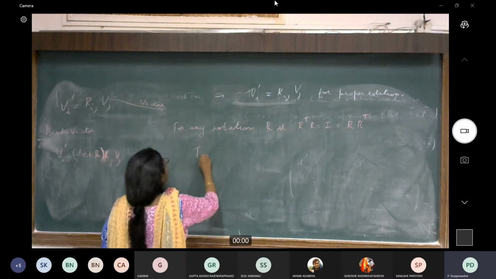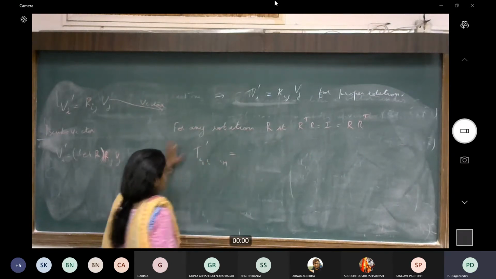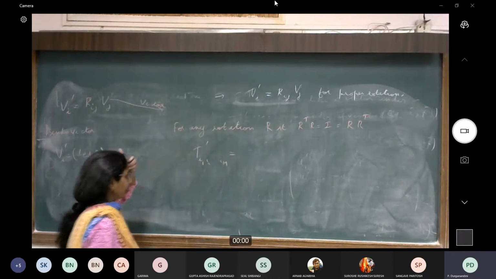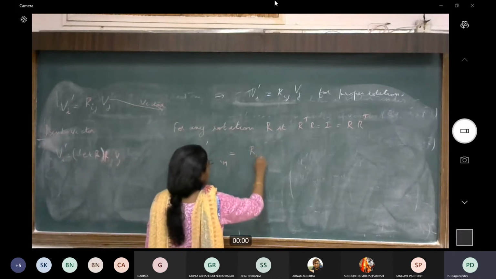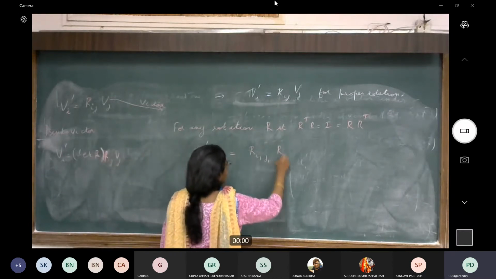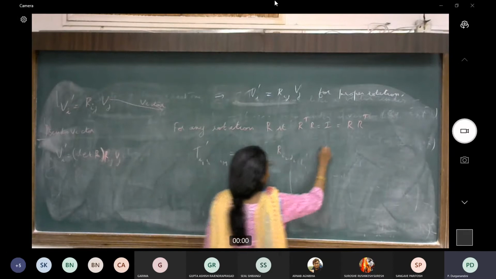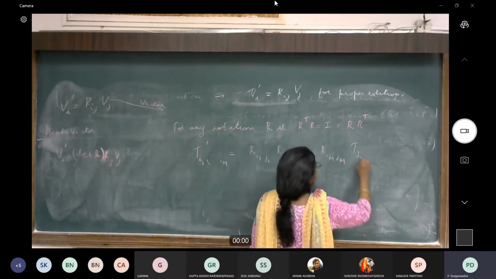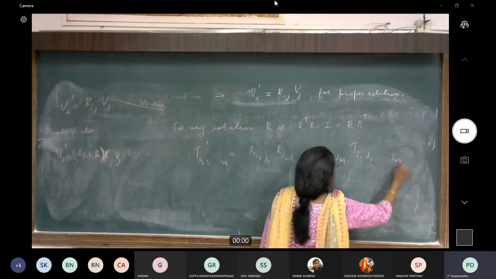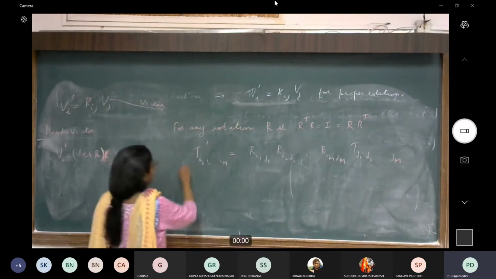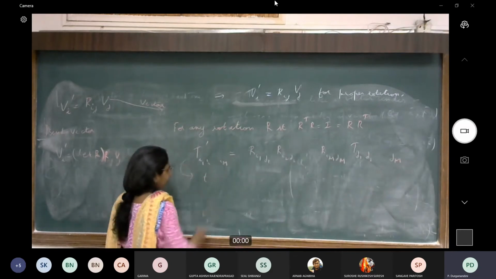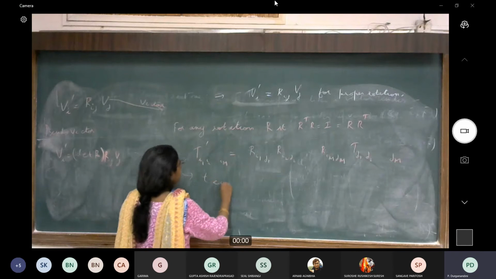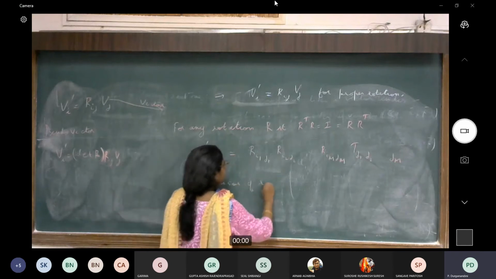If I have this object T i1, i2, ..., in, right? So this is an object with 3 to the power of n components. And if it transforms like this, then this is by definition a tensor of rank n.